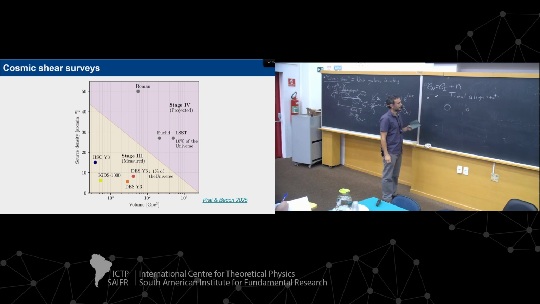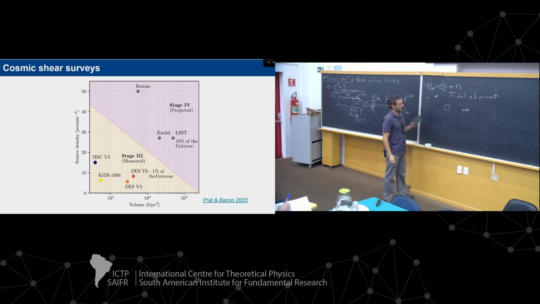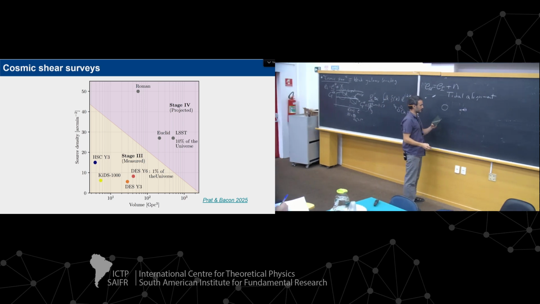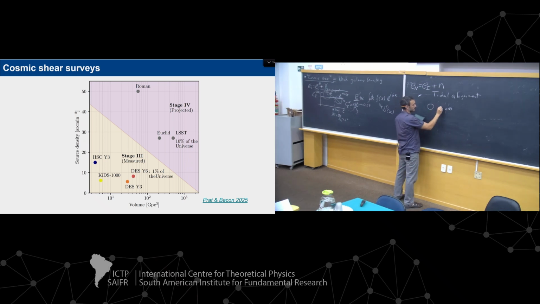So let's think of the different gravitational forces acting on this galaxy. There will be a gravitational attraction acting on this point in the galaxy, some gravitational force in that direction, also on this other end of the galaxy. There will also be a gravitational force in this direction, and a gravitational force in that direction.